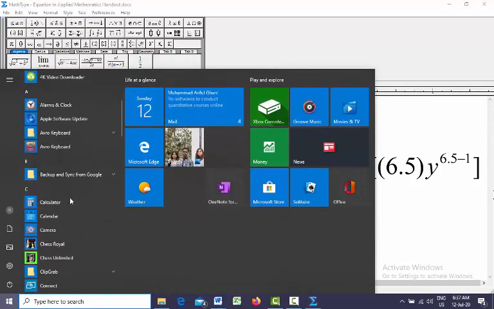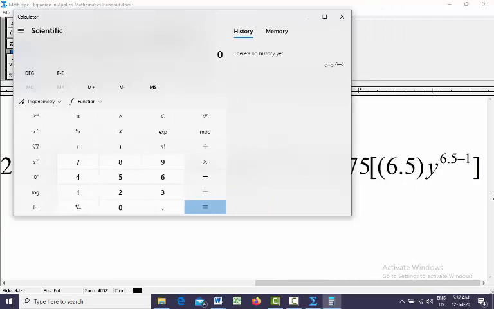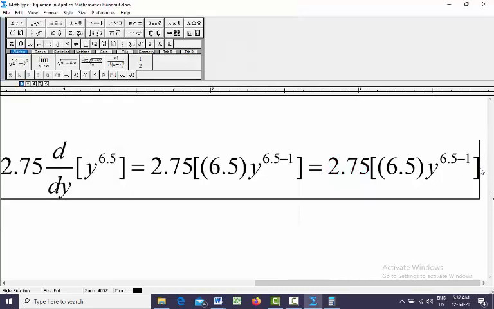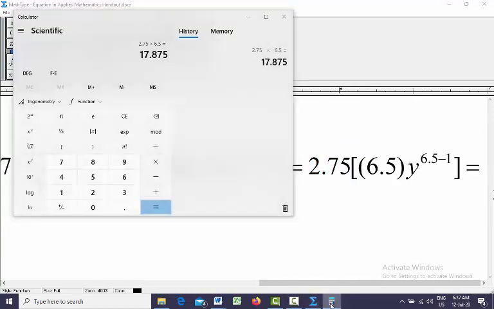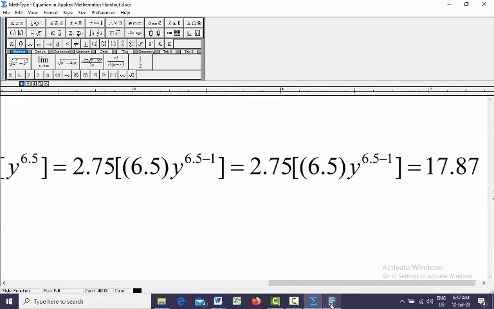Let's open the calculator. 2.75 multiplied by 6.5 is 17.875.